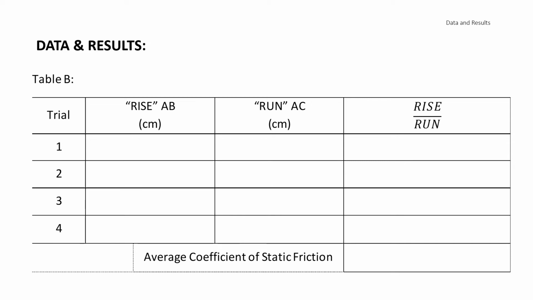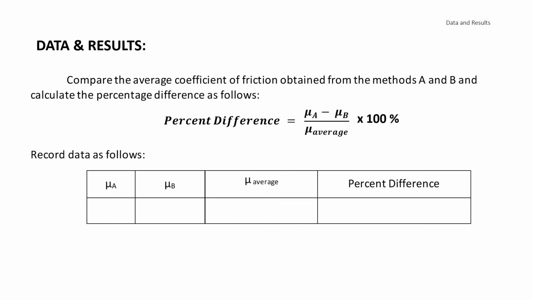Calculate the coefficient of friction for the 4 trials. The third table summarizes the averages for part A and part B of the experiment, and then calculate the percent difference using the given formula.